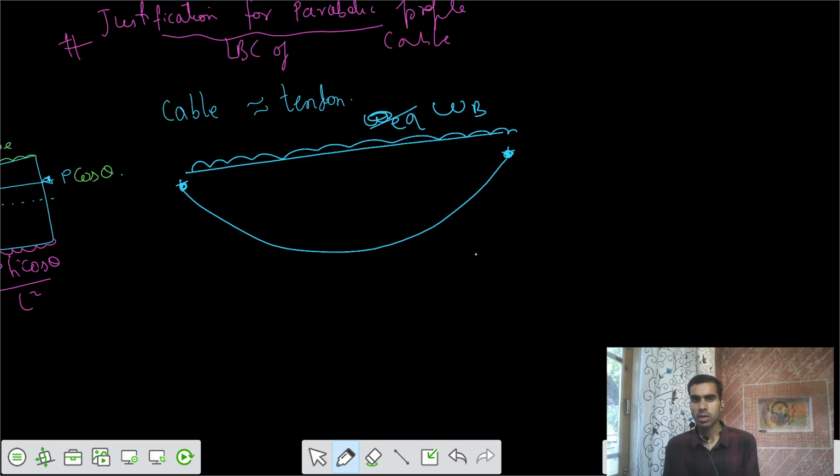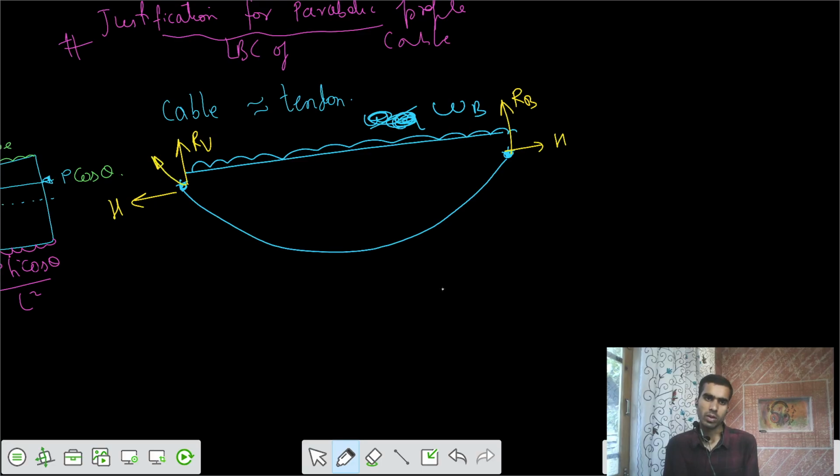I am applying some balancing UDL, that's the external load, WB, on the horizontal span. Because we have supports, we would have some horizontal reaction and some vertical reaction RV, and at this location also some reaction B, and there's some horizontal, and we know that the horizontal reaction is the same for cables.